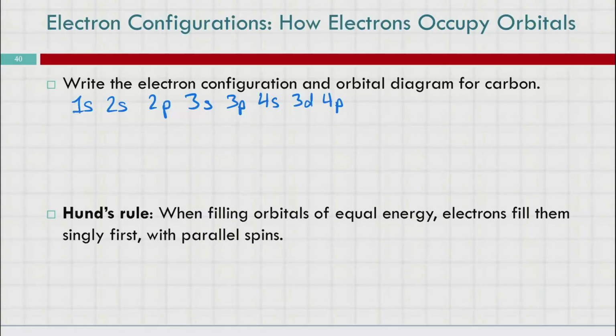So coming back to our electron configuration and orbital diagram for carbon, if we find carbon on our periodic table, we'll see that carbon has the number 6 above it, meaning it has 6 protons and therefore also 6 electrons. So for doing our electron configuration, we're going to start off with our lowest energy orbital, which is our 1s, and we can fit 2 electrons into that subshell.